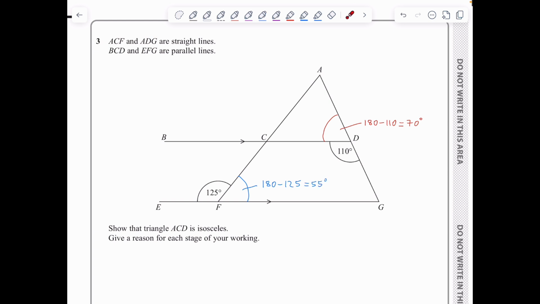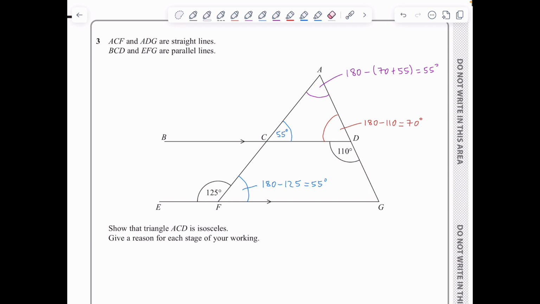And using the fact that the line EFG is parallel to BCD, we can conclude that the angle ACD here is also 55 degrees because these 2 are corresponding, and therefore I can go to the final angle A here and use the angle sum being 180 within a triangle. So this is 180 minus the 70 and the 55, which gives an answer of 55 degrees.